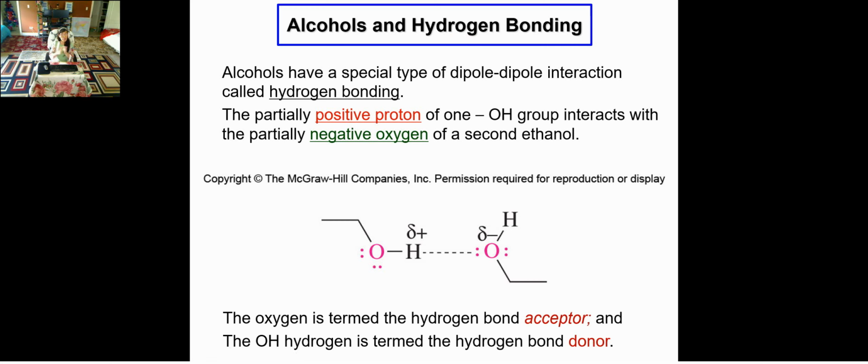Again, hydrogen bonding is not a bonding, it's an intermolecular force. If in your molecule you have oxygen directly bonded to hydrogen, nitrogen directly bonded to hydrogen, or fluorine directly bonded to hydrogen, and then you have other molecules, this hydrogen from one molecule is going to form a hydrogen bond with oxygen from another molecule.